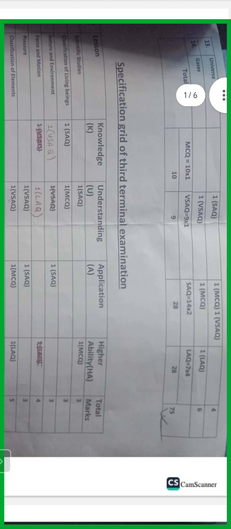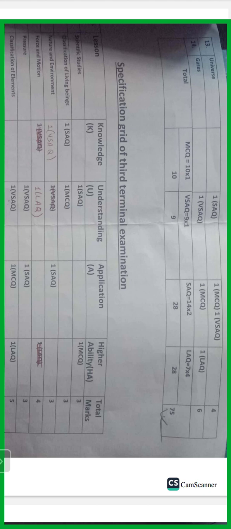Look here, for universe, 1 SAQ, 1 MCQ and 1 BSAQ, total marks 4. Only a 4 marks question comes from the universe. And from gases, 1 BSAQ, 1 MCQ and 1 LAQ come from here. Okay, total 6 marks.